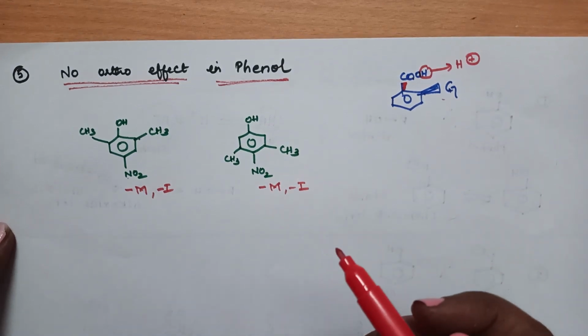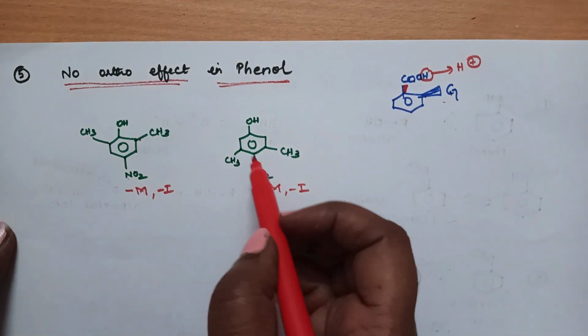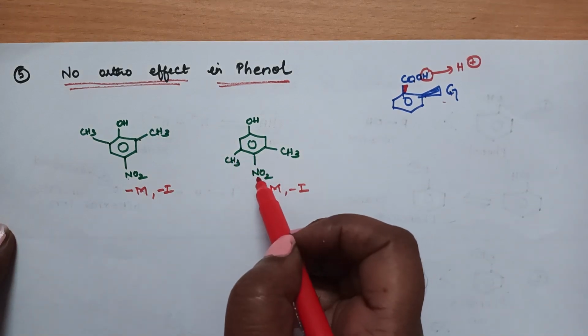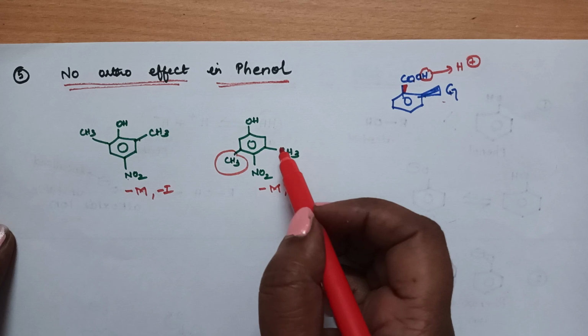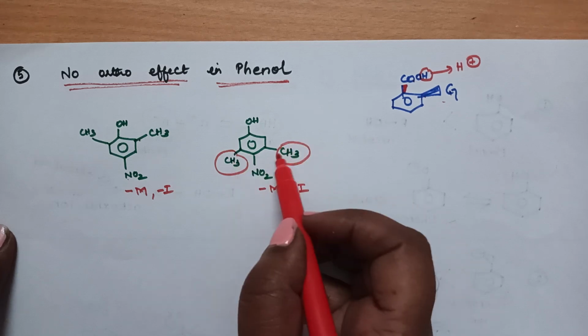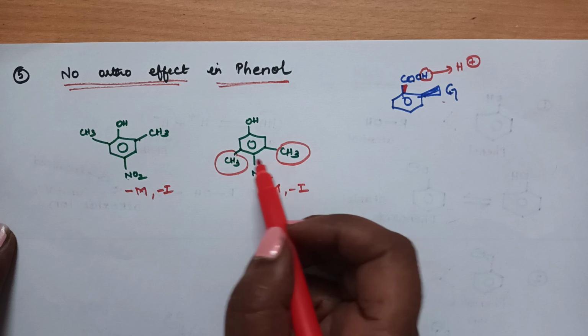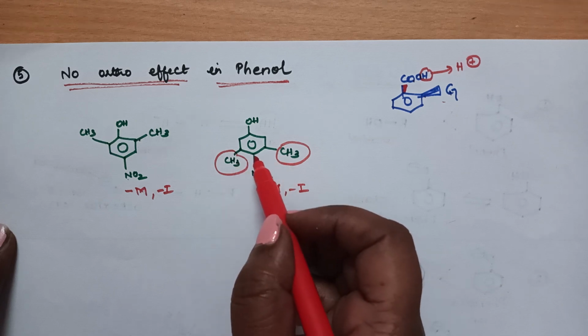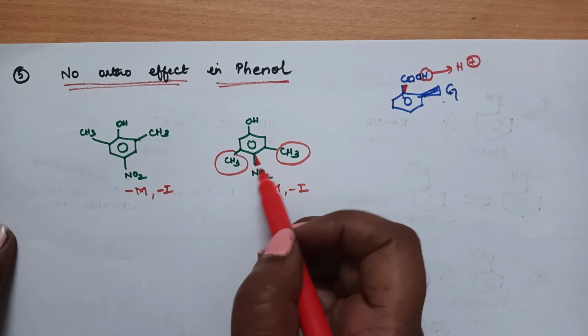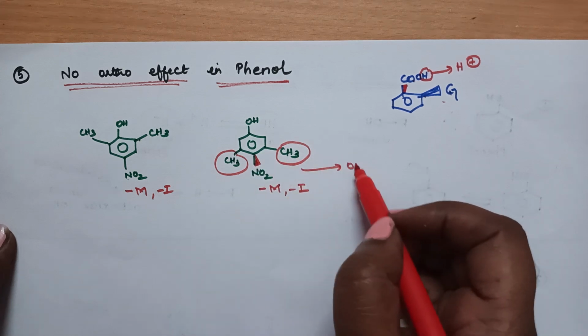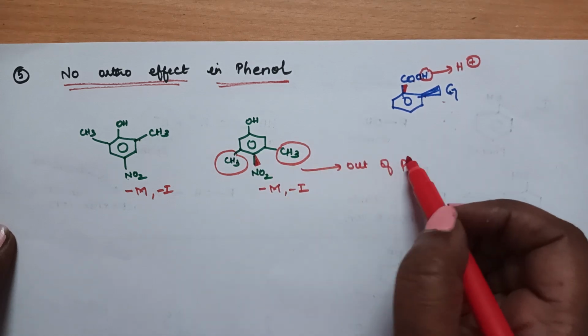But here one difference is, adjacent to the nitro group you can see two methyl groups are present. Because of these bulky groups, steric effect happens, due to which NO2 group goes out of plane.